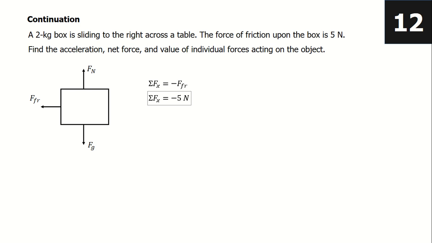Or causing the acceleration of the object. Acceleration can be computed using the formula net force divided by the mass. So we have a negative net force, negative 5 Newton divided by 2 kilogram. The acceleration should be negative 2.5 meter per second squared, or 2.5 meter per second squared directed to the west.